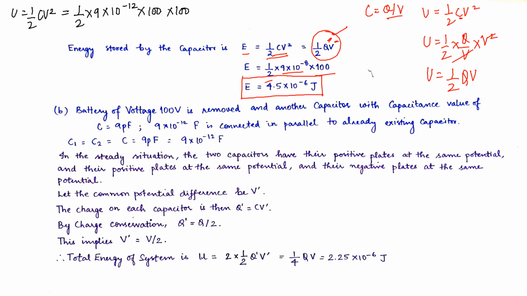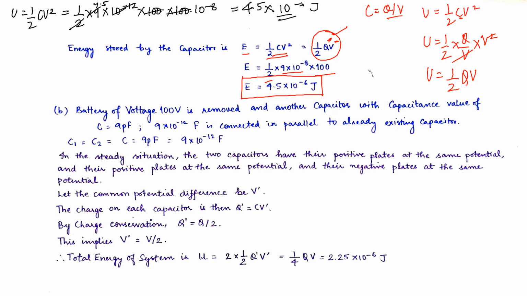So 1, 2, 3, 4. 4 zeros will cancel the power to 10 to the power minus 8, and this 2 and 9 will cancel it to 4.5. So answer which we will get is 4.5 into 10 to the power minus 6. We will get it in the same format.